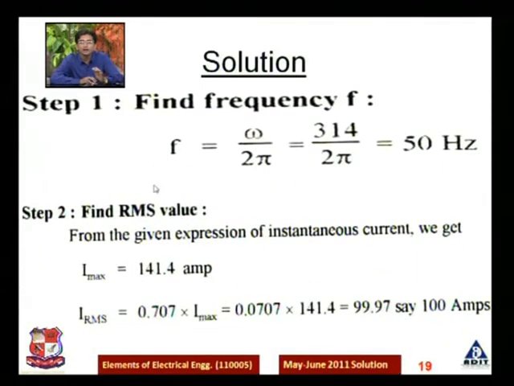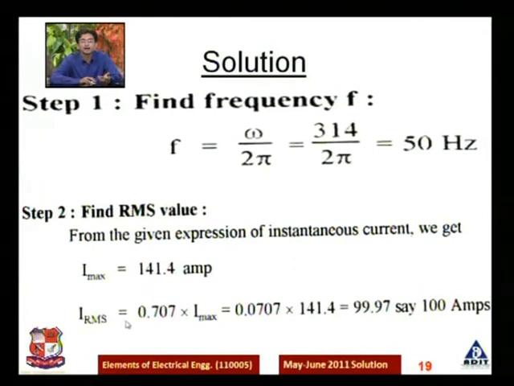In the second step you are asked to find the RMS value. From the given expression of instantaneous current we can say that Imax is equal to 141.4 ampere, since I equals Im sin omega t. And what is the relation of RMS and maximum value? IRMS equals Im divided by root 2, and 1 upon root 2 is 0.707.